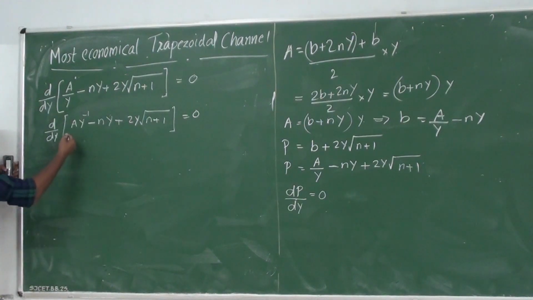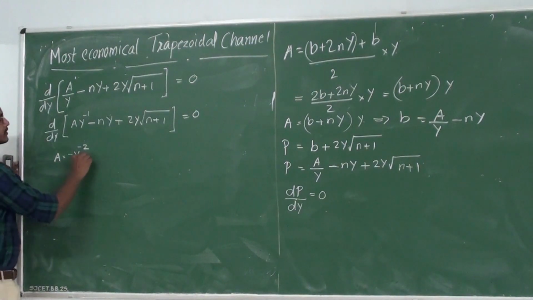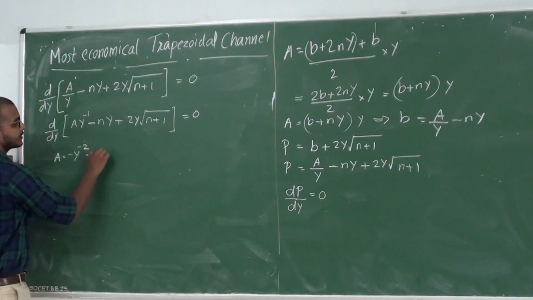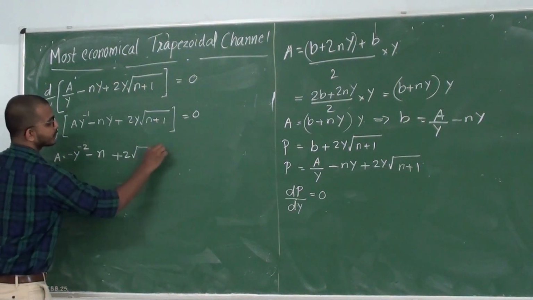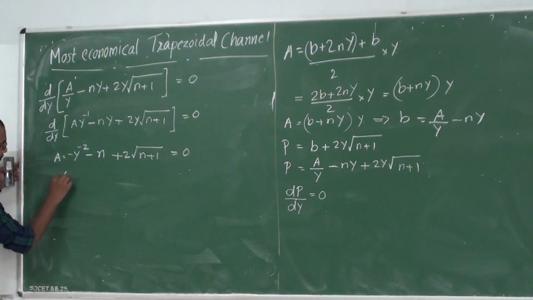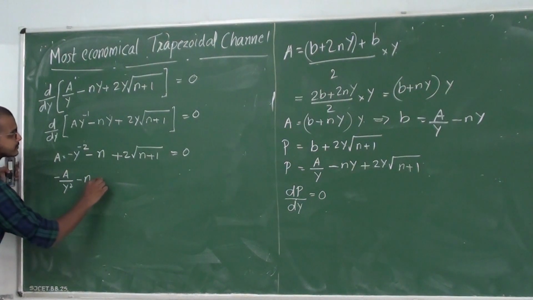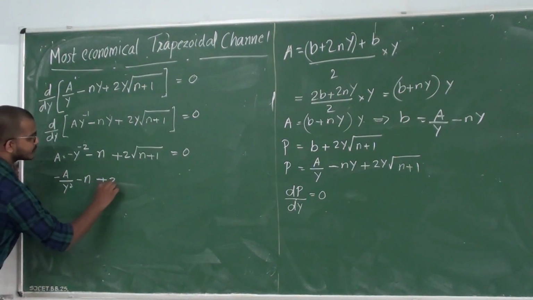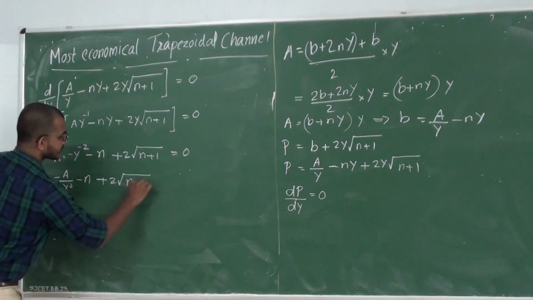So let us differentiate every term. A is a constant. So A into Y raised to minus 1 gives minus A into Y to the power minus 2, minus N plus 2 into square root of N square plus 1 equal to 0. So that means minus A by Y square minus N plus 2 into square root of N square plus 1 is equal to 0.